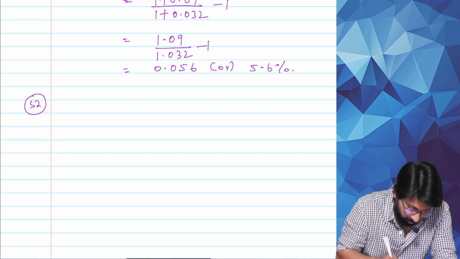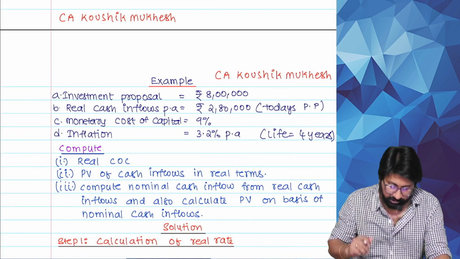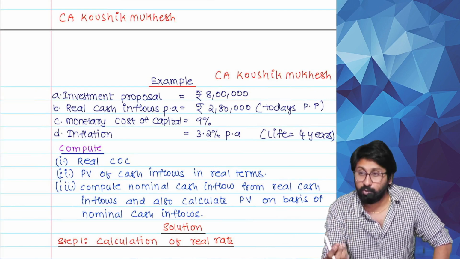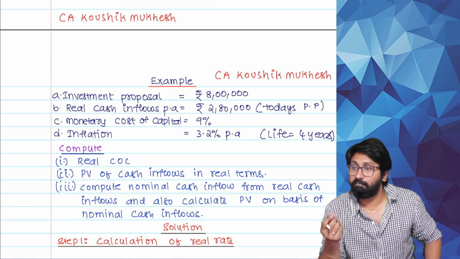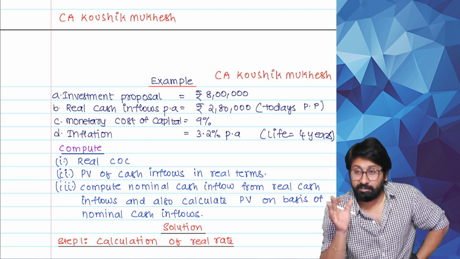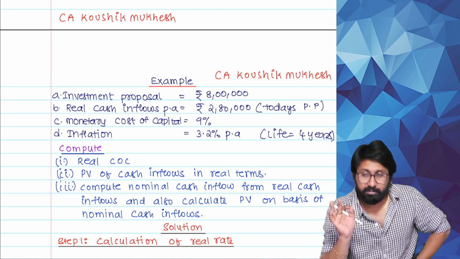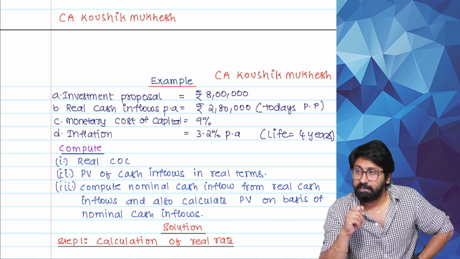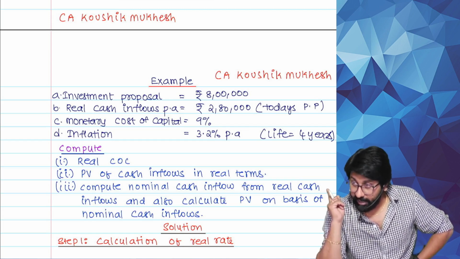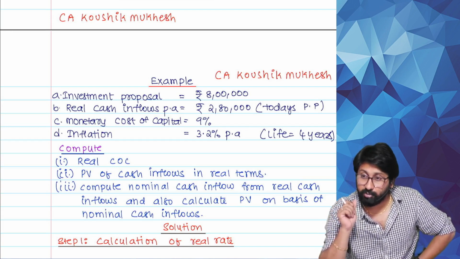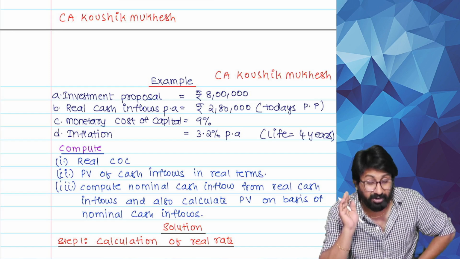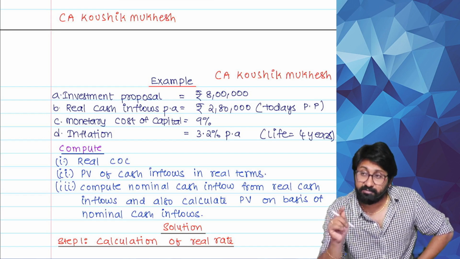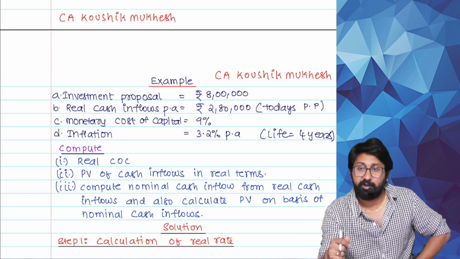Next, step 2. See the question properly first. What is the question? Present value of cash flow in what terms? Real terms. Try to understand. These 2,80,000 given in the question, what kind of cash flow is it?